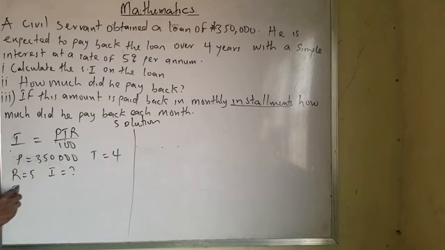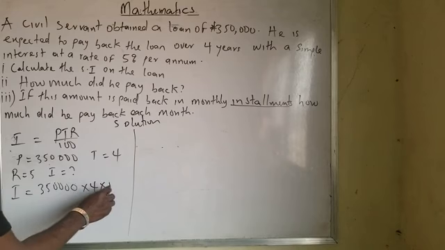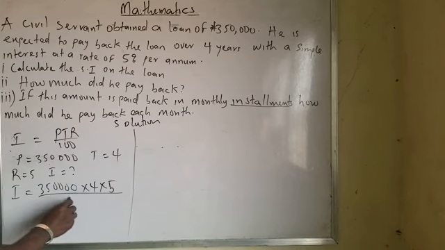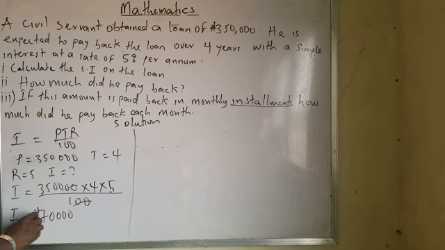It means my interest will be equal to 350,000 multiplied by 4 multiplied by 5 divided by 100. This will cancel this. Interest will be equal to 70,000. That is my interest, 70,000 naira.